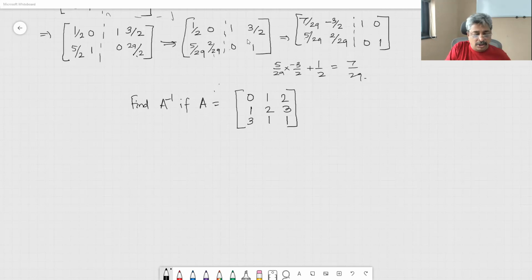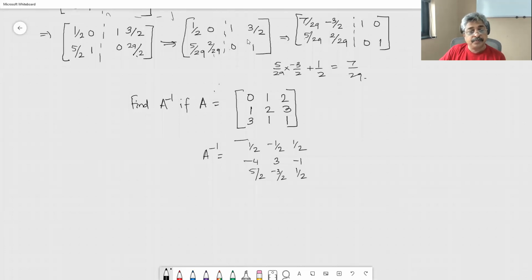After getting all those row transformations done, you will finally get the identity matrix converted into A inverse, which looks like A inverse is equal to half, minus half, half, minus 4, 3, minus 1, 5 by 2, minus 3 by 2, half. This is the inverse of A.